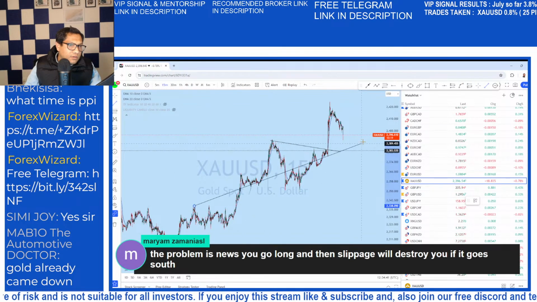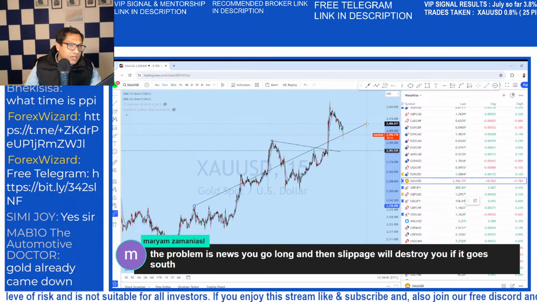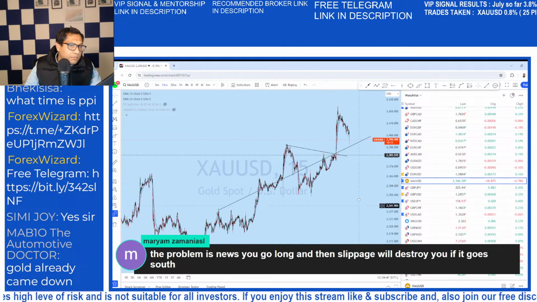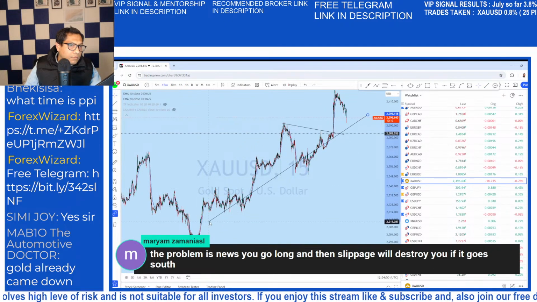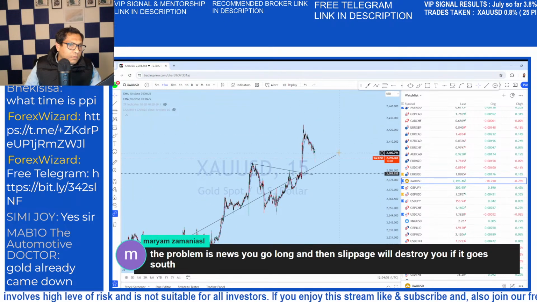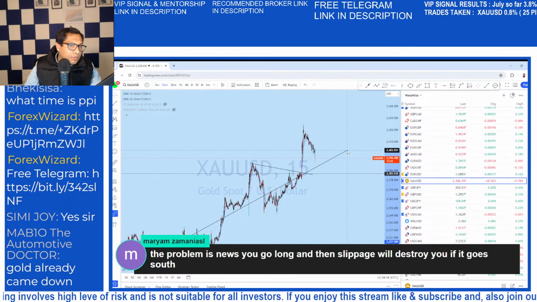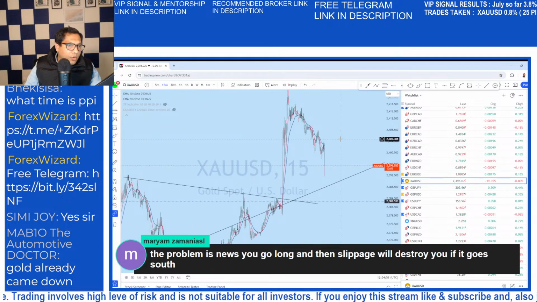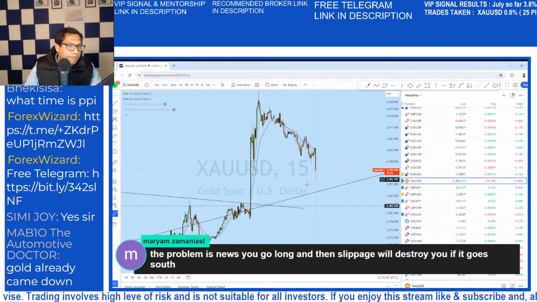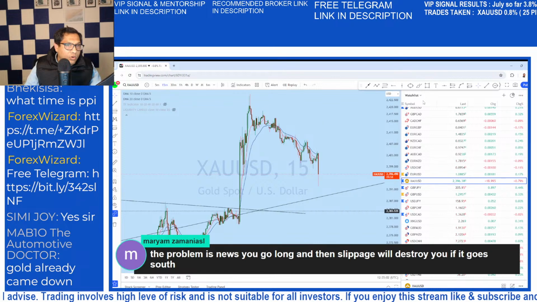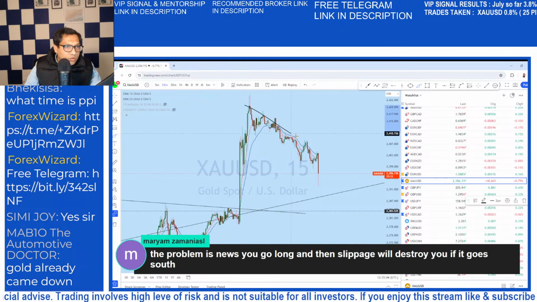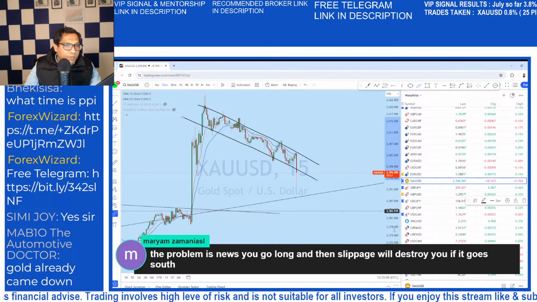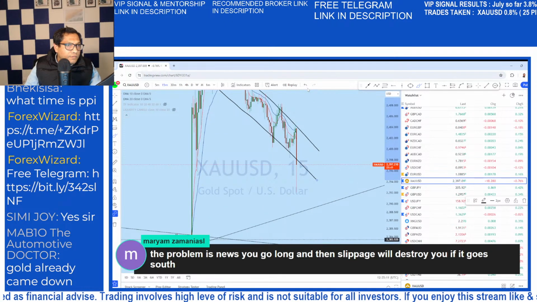So let's see how it is reacting with this fair value gap. What we can see with the fair value gap is the market is below this structure at the moment. So there is a structure here, a break from that structure.